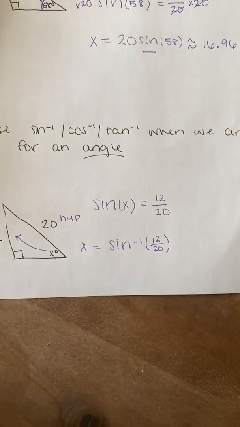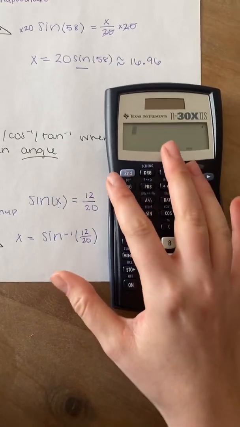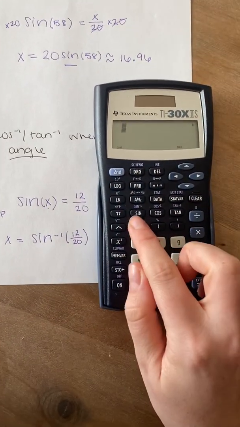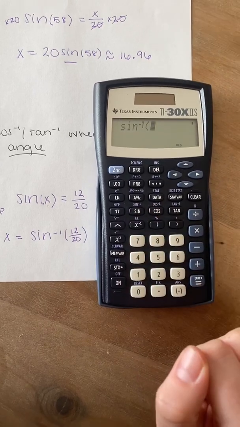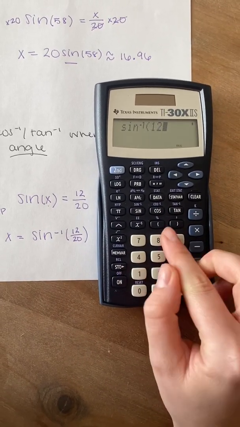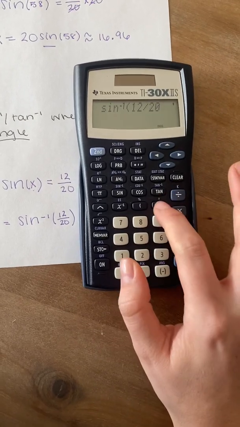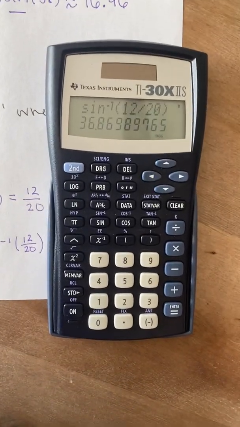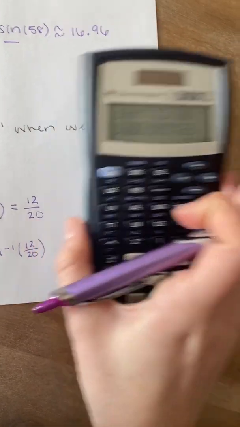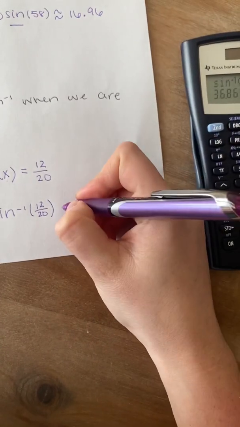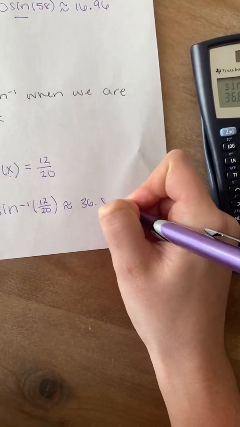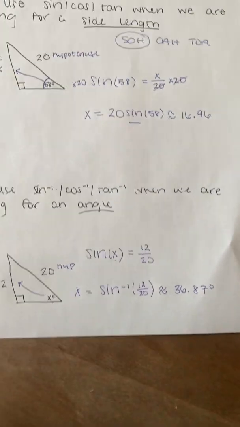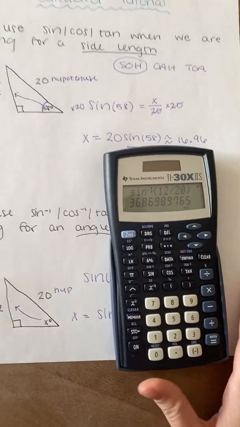Put the ratio in parentheses, and the way that you plug that into your calculator, okay, so that is second button, and then sine, so that's sine to the -1 right there, and 12, and then divided by 20, and enter. And you get it is about 36.87 degrees. So make sure that you use the right ones and you know how to plug it into your calculator.